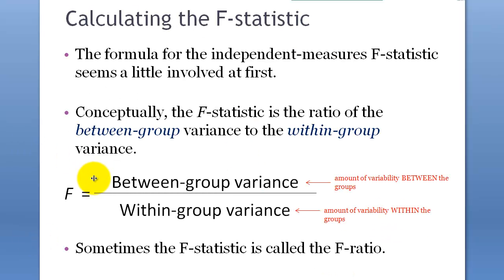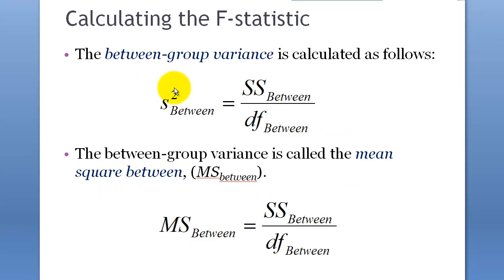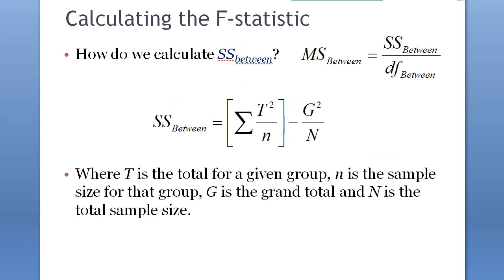And as I said, the F-statistic is calculated by the between group variance divided by the within group variance. Between group variance is the sum of squares between divided by the degree of freedom between. Why do we do that? It's going to be a different video topic. And how do you calculate the sum of squares between?